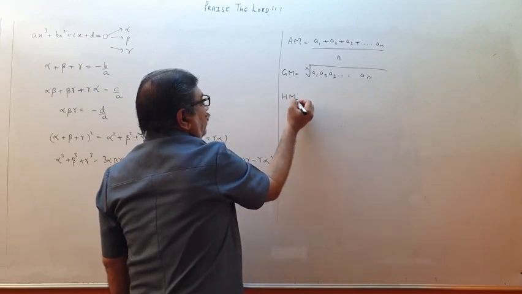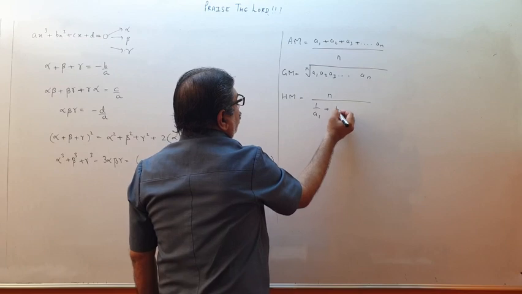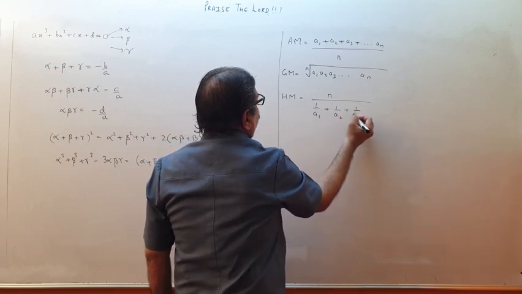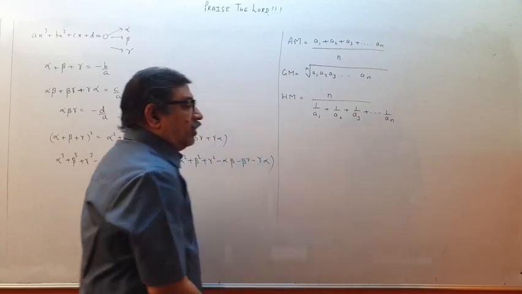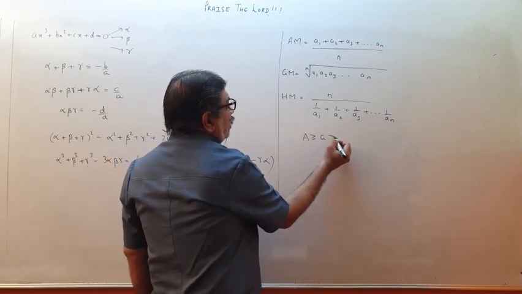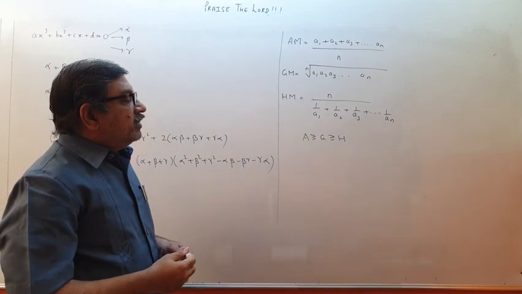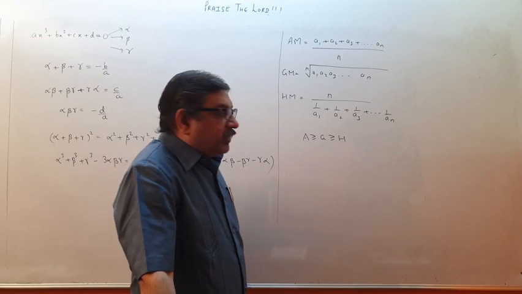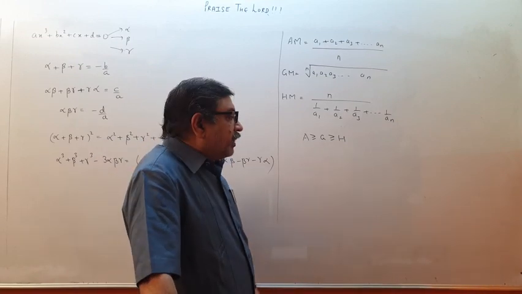And harmonic mean of n numbers is given by n upon 1 upon a1 plus 1 upon a2 plus 1 upon a3 plus up to 1 upon an. Also please remember, arithmetic mean greater than or equal to geometric mean greater than or equal to harmonic mean. Out of these three means, arithmetic mean is the greatest, then comes geometric mean, then comes harmonic mean. Harmonic mean is the least.